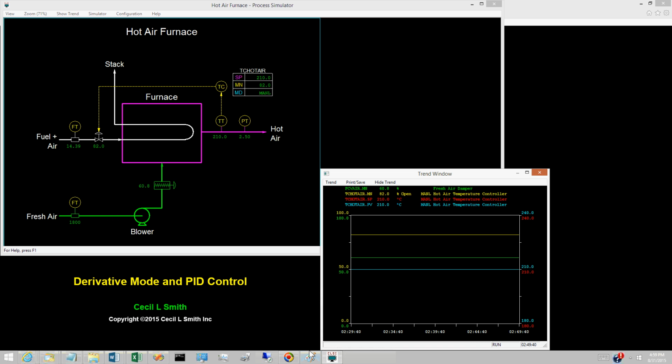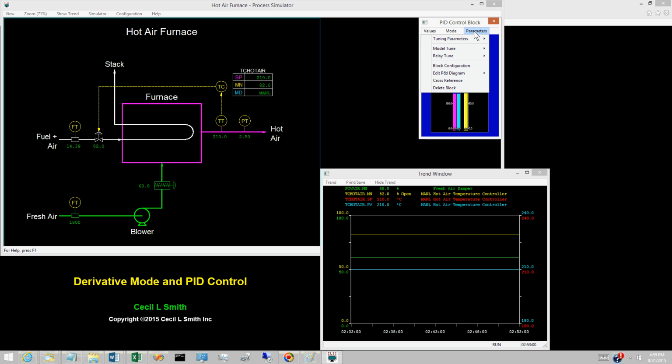We will demonstrate the effect of derivative using the hot air temperature controller for the hot air furnace. Initially, the controller is PI. The controller gain is 1% to percent. The reset time is 1.5 minutes. Derivative time is 0.